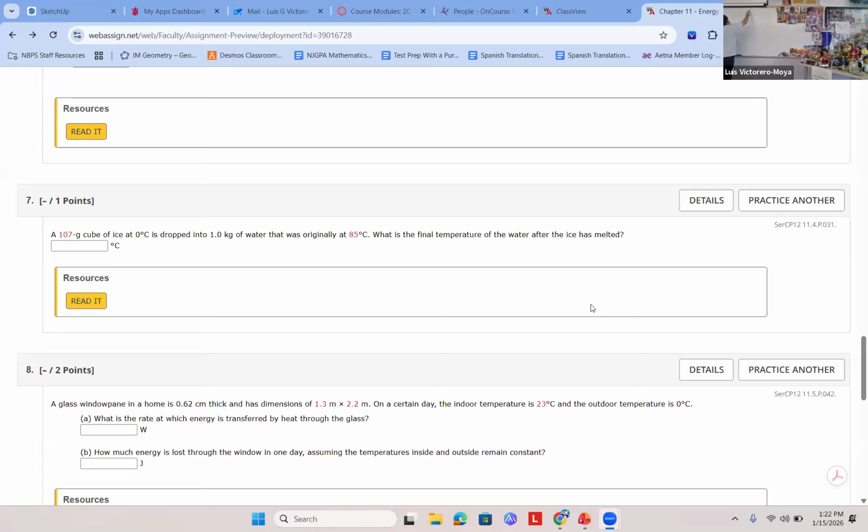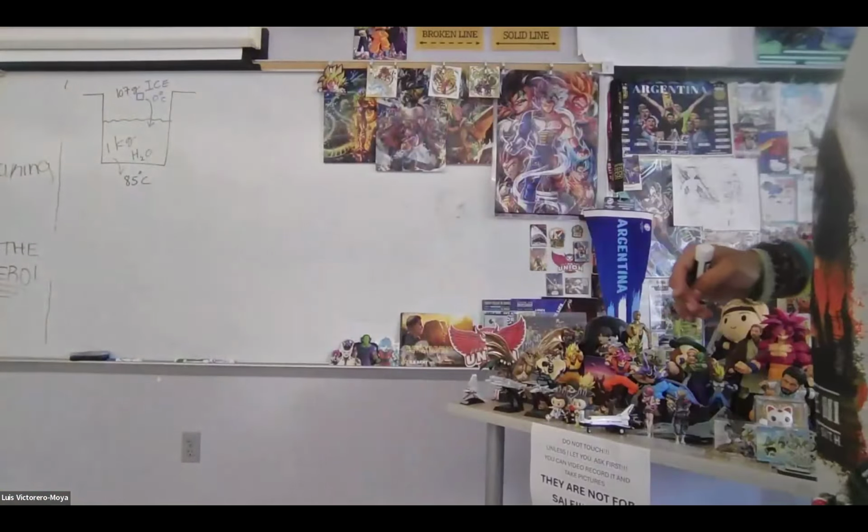This is at 0 degrees Celsius and the water was at 85 degrees Celsius. And this is 107 grams. What's the final temperature once the ice has melted?